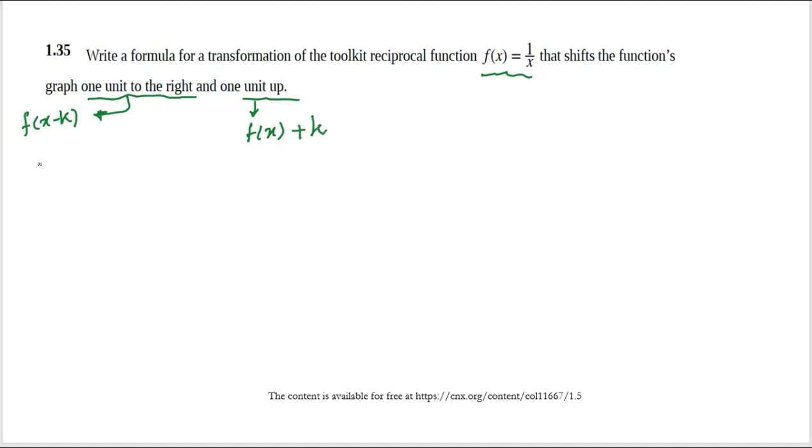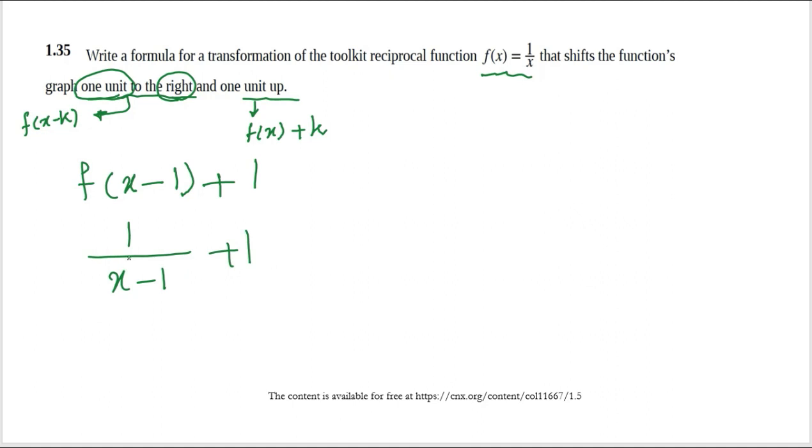If I want to mix both, then it will be f of x minus 1 for 1 unit to our right, and 1 unit up, so that would be 1 over x minus 1 plus 1. So this is the new formula.